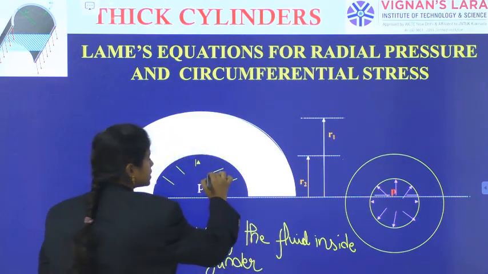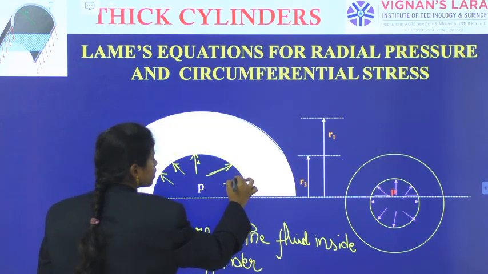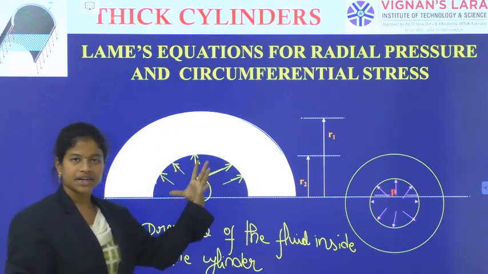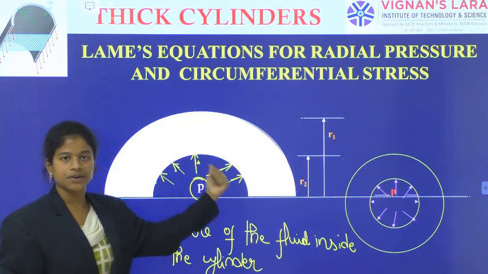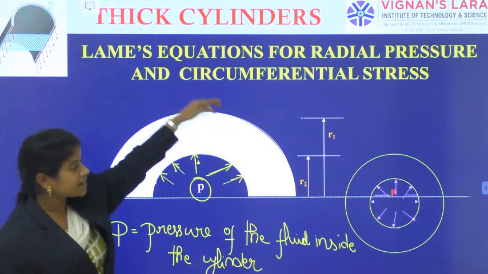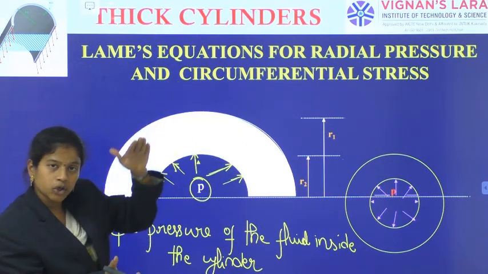Okay, so this P is being exerted onto the walls of the cylinder. This is the P, the pressure exerted on the inside walls of the cylinder, and it has an internal radius of R1 and external radius of R2.